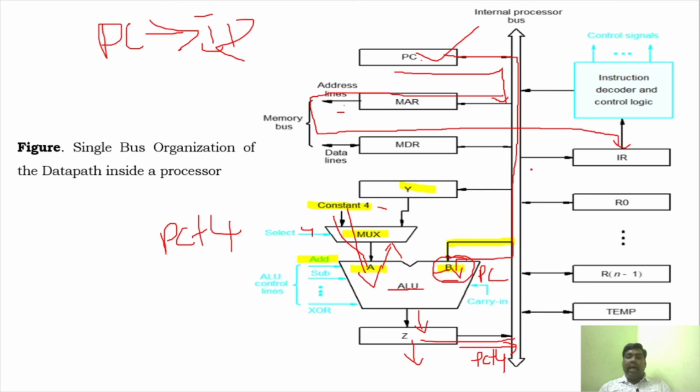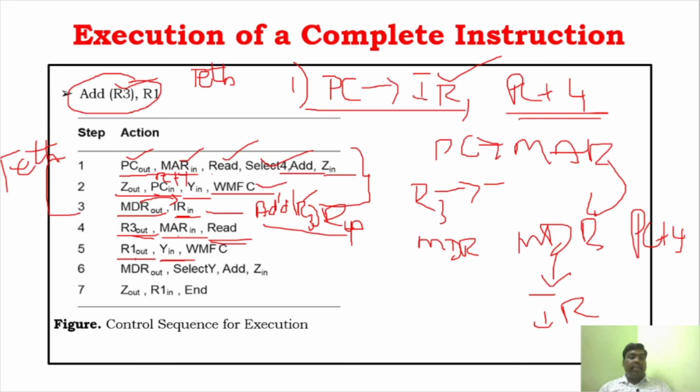For example, consider this is R1. This content will reach the Y in. If it reaches Y in, what will happen? This multiplexer will select Y and it will reach the A, correct? So the R1 content is sent to Y in.